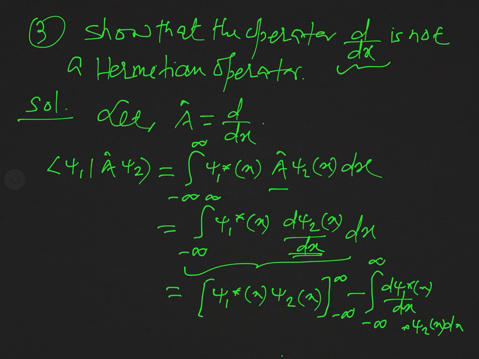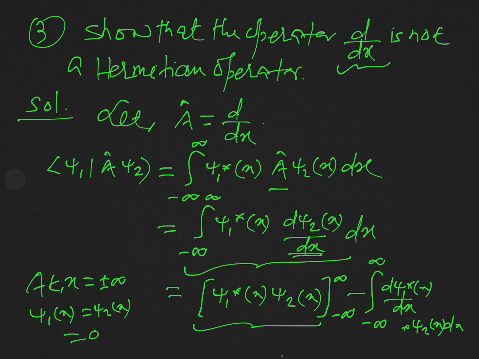Now, as I have mentioned in the previous problem, at x equal to plus minus infinity, psi 1 of x and psi 2 of x are both 0 because these functions are square integrable. So this first term on the RHS will be 0.